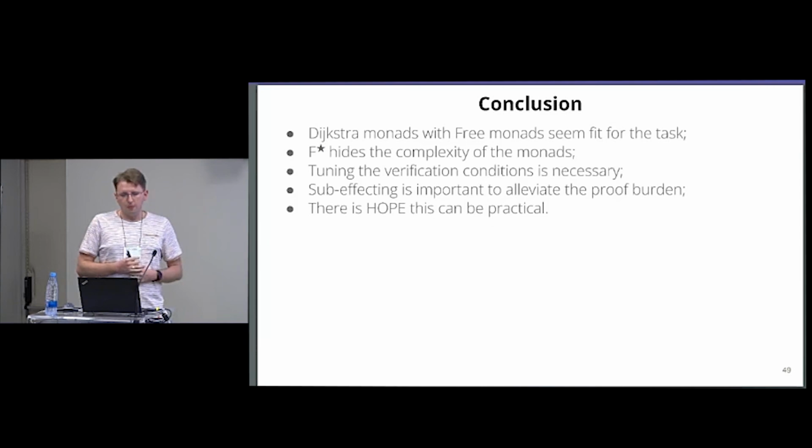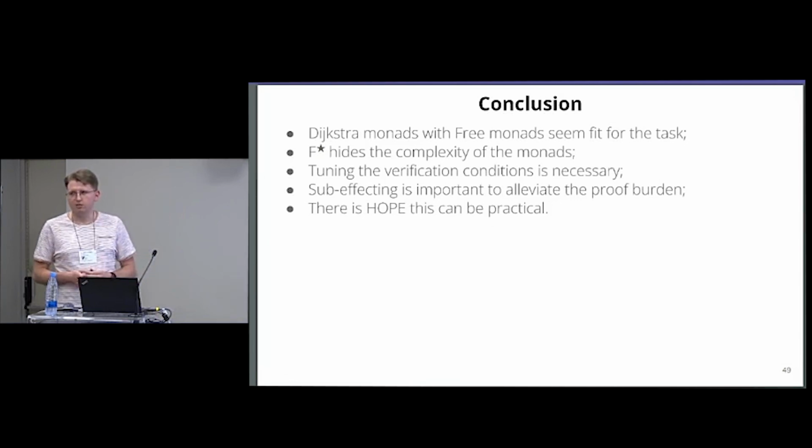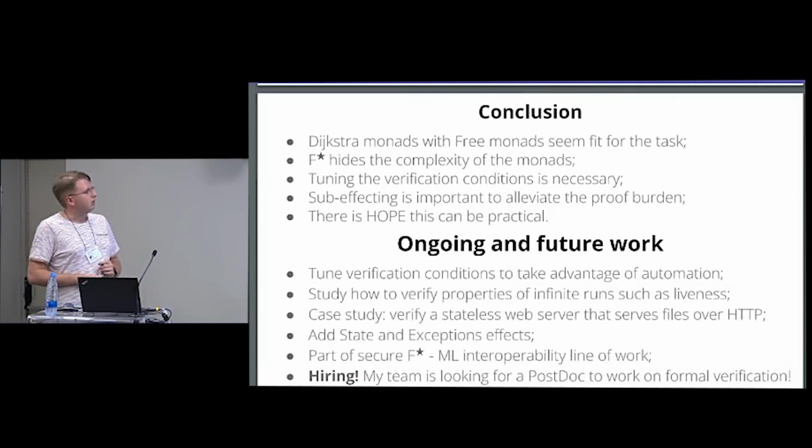Also, F* is useful in this case because it hides the complexity of the monads. Tuning the verification condition is necessary. Also, sub-effecting is important to alleviate the proof burden, and we think there is hope this can be practical, that we can take advantage of the SMT automation to not have to prove anything.